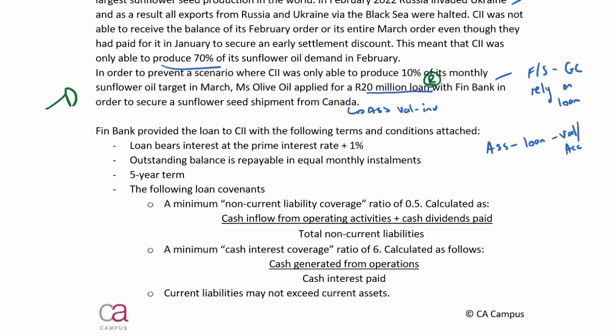Then there are terms with regards to this loan. The interest, here's the rate for the recalculation. The repayments are equal monthly installments. Here's the details for the recalculation. It's a 5-year term. This is required for you to determine what these monthly installments are.